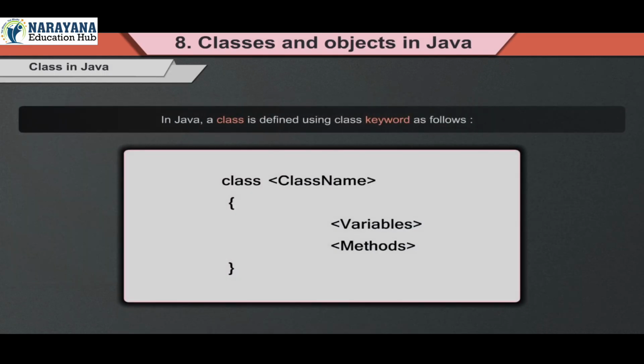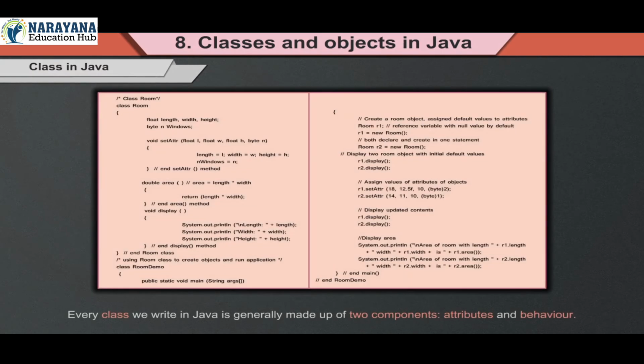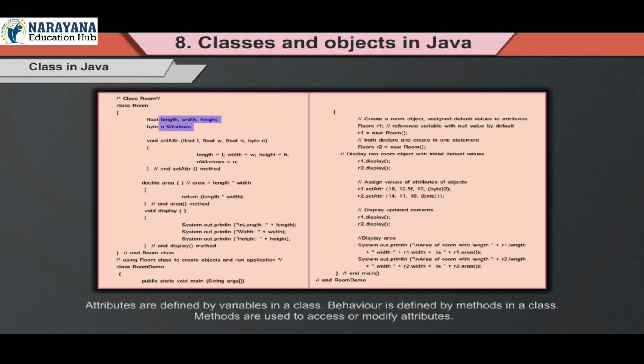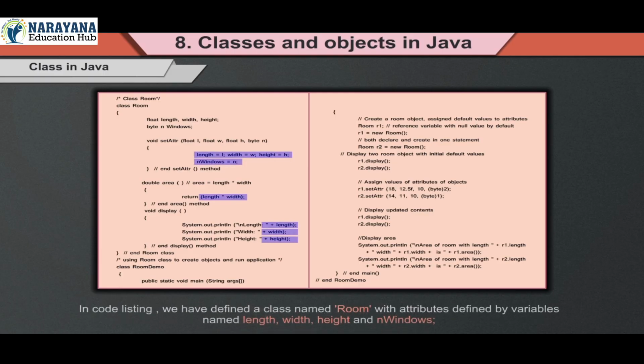In Java, a class is defined using the class keyword as follows. Every class we write in Java is generally made up of 2 components, attributes and behavior. Attributes are defined by variables in a class. Behavior is defined by methods in a class. Methods are used to access or modify attributes.